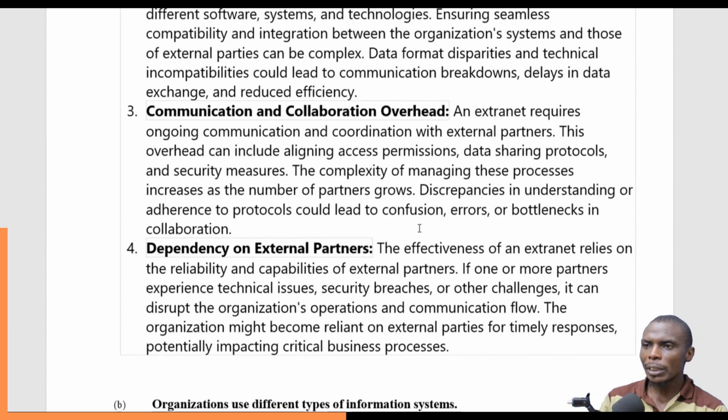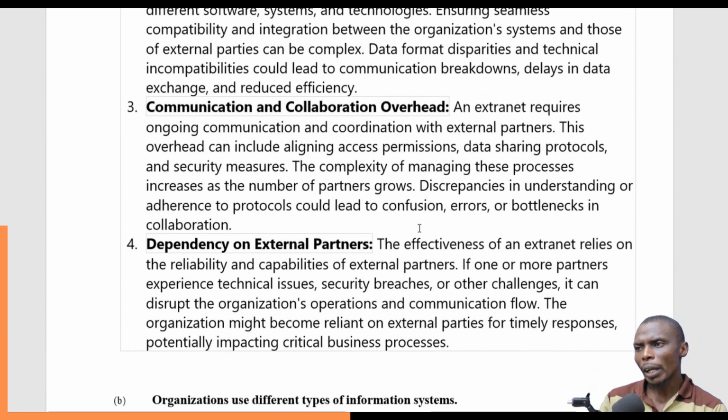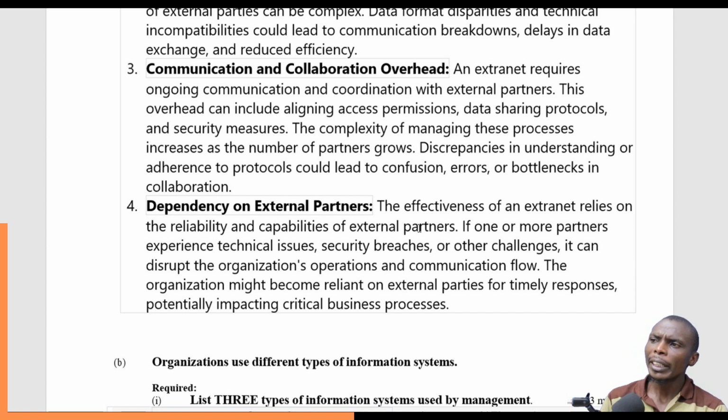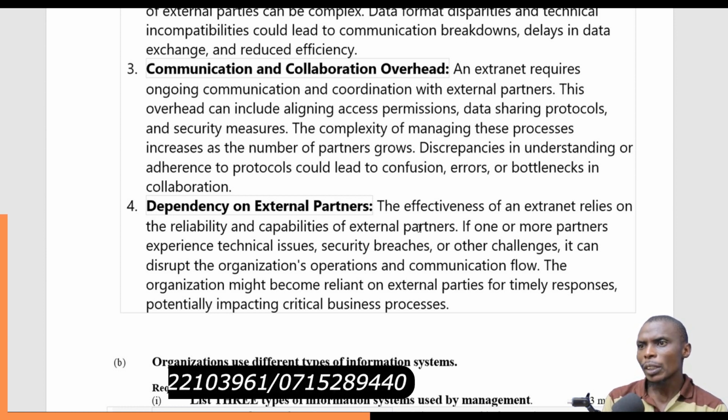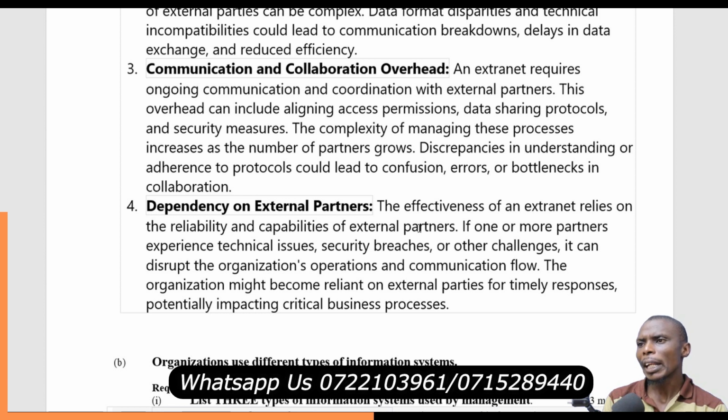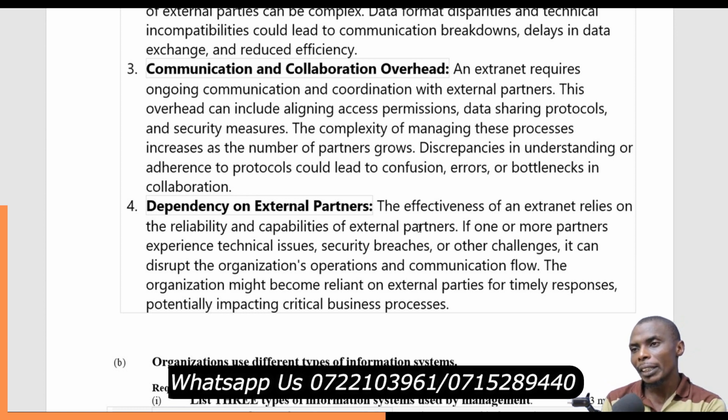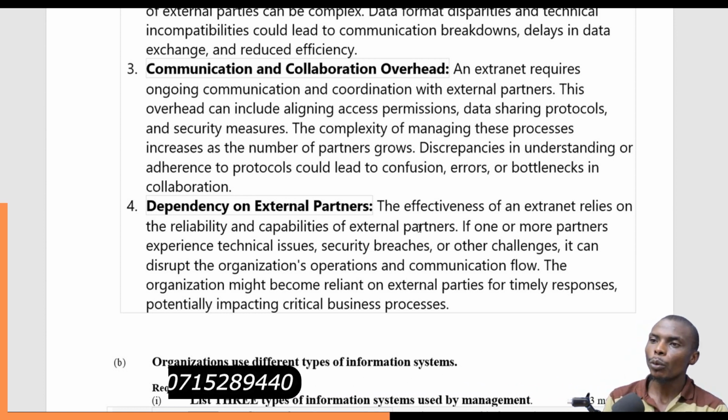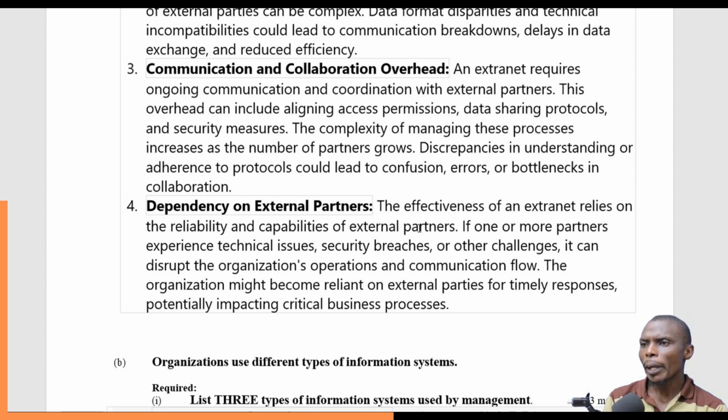The third one is communication and collaboration overhead. So in an extranet, we require ongoing communication and coordination with these external partners that also have tapped into the system. So this overhead can include maybe aligning access permissions, data sharing protocols, and even security measures, because we say that this type of connection requires some security measures.